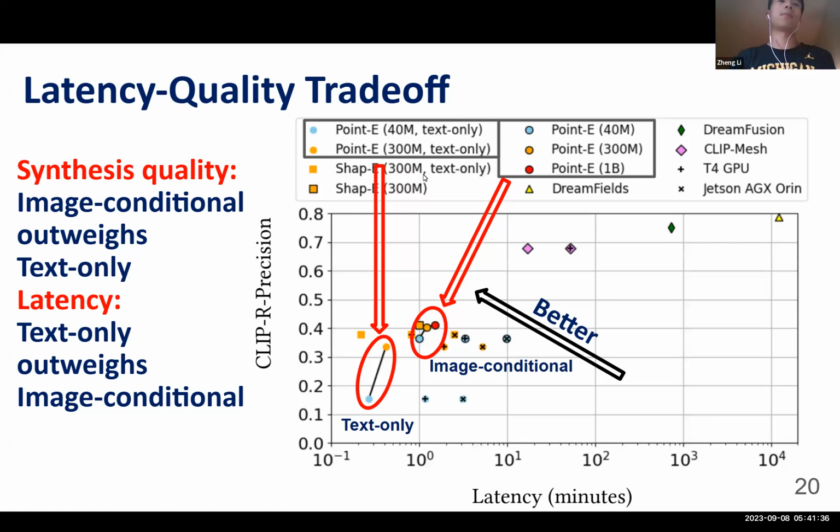However, text-only models have slightly better latency performance. The possible reason is that text-to-2D models are usually extremely powerful because a lot of training data is available for them, while for text-to-3D models, the training data of 3D models is quite limited.